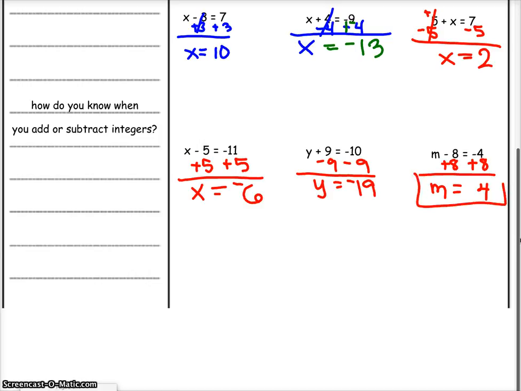So again, the rigor level here comes from integers. You need to know the prerequisite for this kind of stuff. You need to know, when do you add integers, when do you subtract? That's what you really got to know, and that gets hard. You add them when they're the same sign, you subtract if they're different. Different signs I subtract.